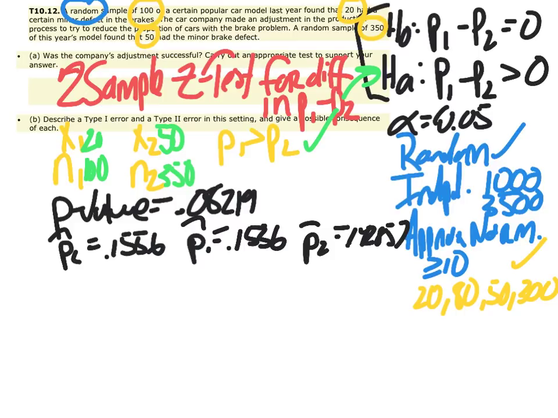So now let's make our conclusion. The conclusion for this one, we can jump right into it. In this case, P is greater than alpha, and I'm going to write 0.08219 is greater than 0.05.